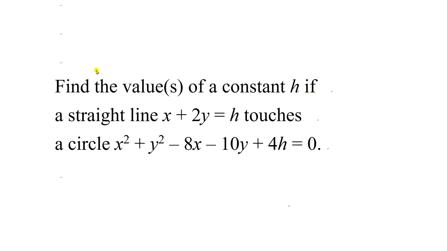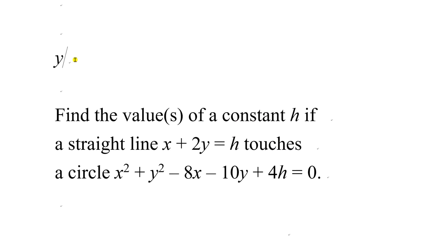So let's see what happens to this straight line. Suppose you make this into slope-intercept form, then you will find y equals negative 0.5 times x plus h over 2, or 0.5 times h.